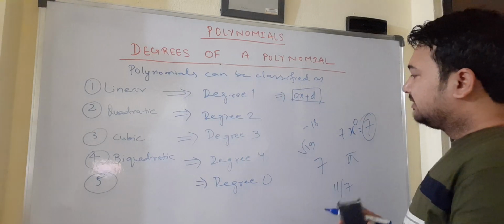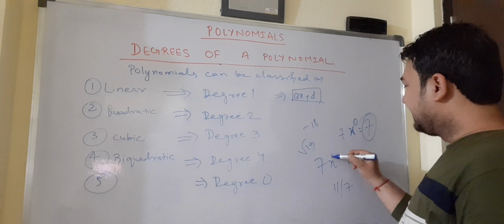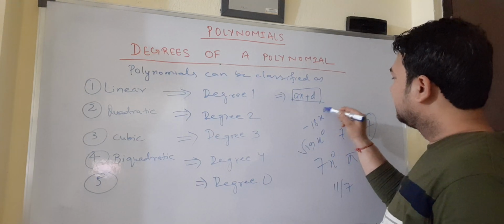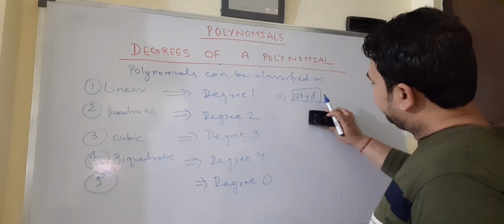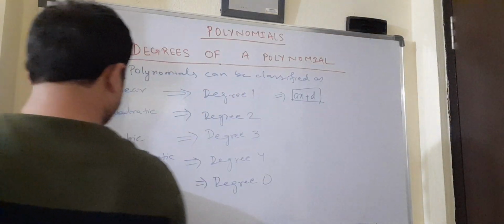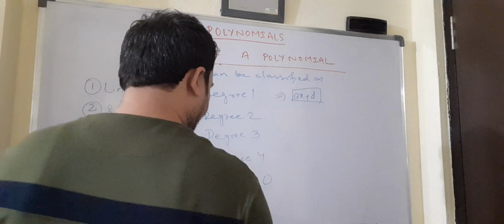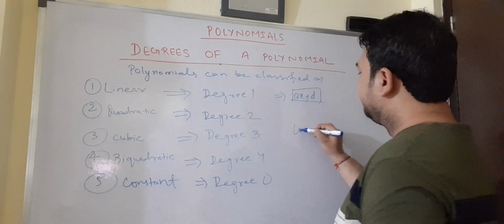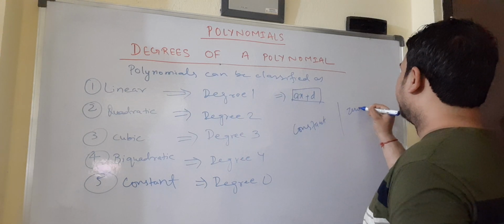So the constant polynomials are the polynomials which have degree 0, because they all have one x with them raised to the power 0. Isn't it? So if the degree is 0, it is a constant polynomial. Now, when we were studying the constant polynomial, we had also studied the zero polynomial.